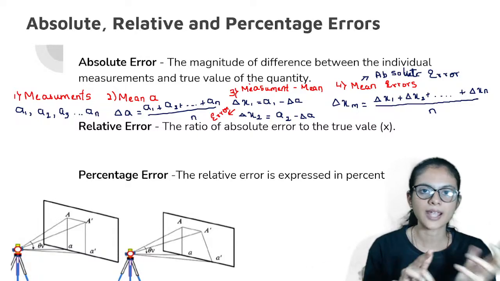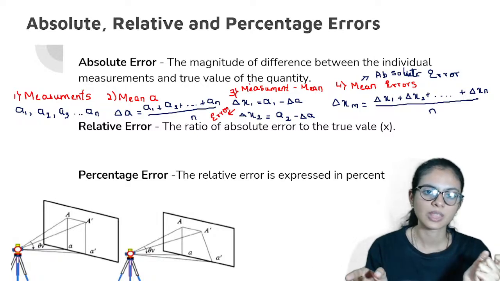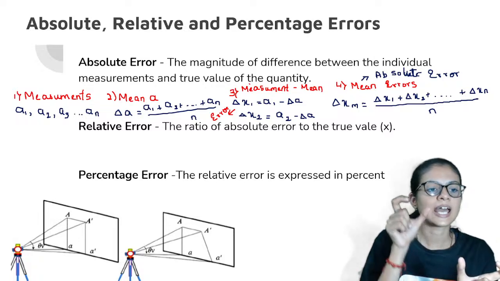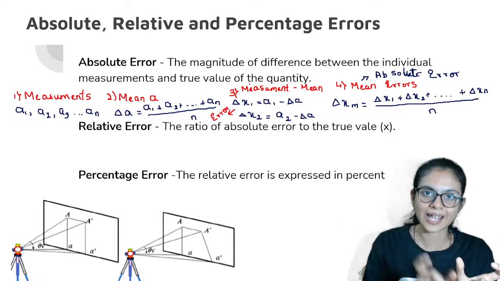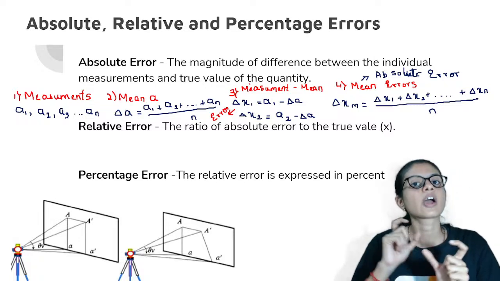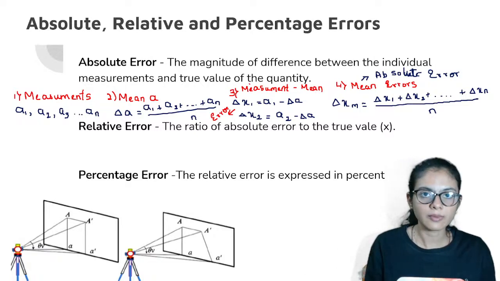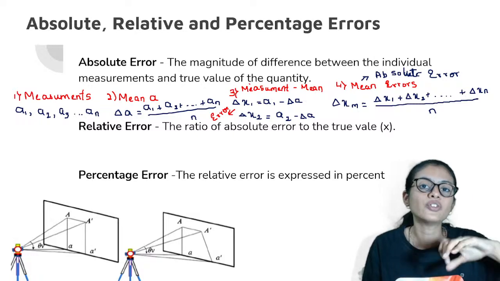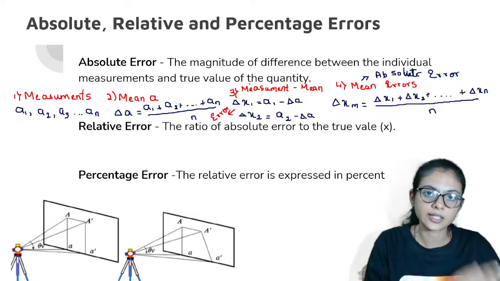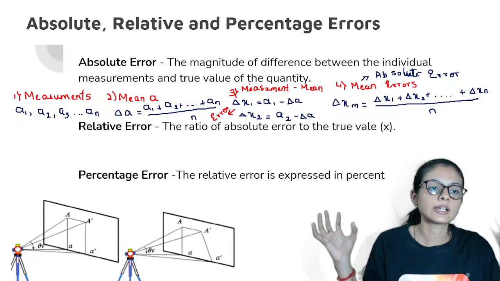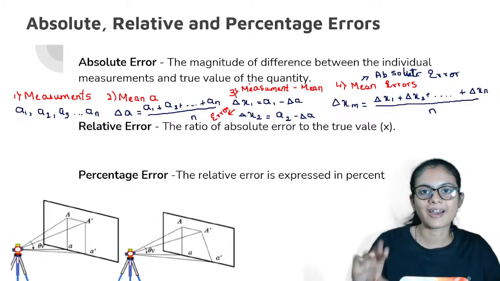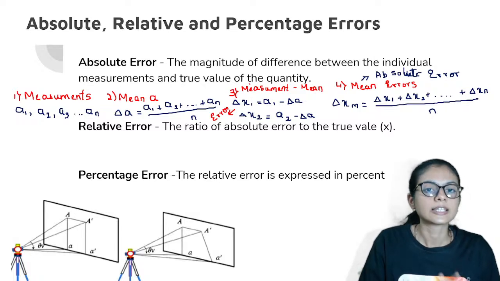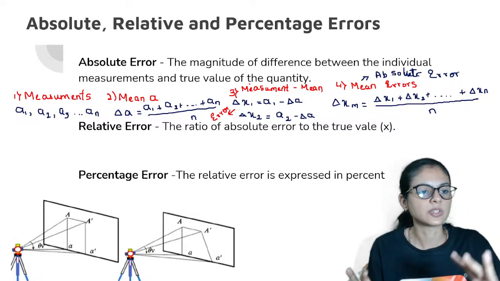So what will it be? Minus 0.01. So that is nothing but the error of the first result. Likewise, you'll calculate the error of the second result, third result, and so on. Finally, you'll get the mean of all the errors. First error, second error, third error, you'll add them and divide by the number of experiments or the number of errors. Right? This is the method to find absolute error.